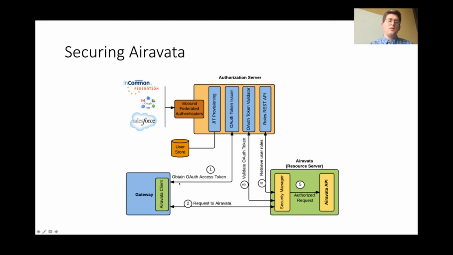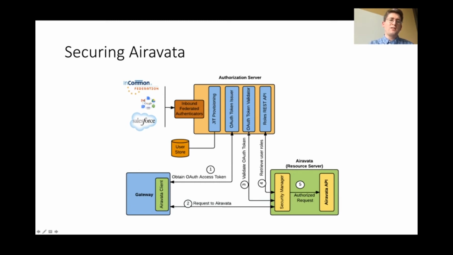And then whenever the user is doing something, like creating an experiment, that OAuth access token is passed to the Airavata API server, step 2. What the security manager within the API server will do is first validate that OAuth token.